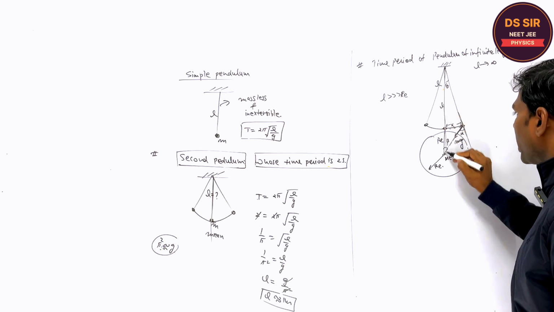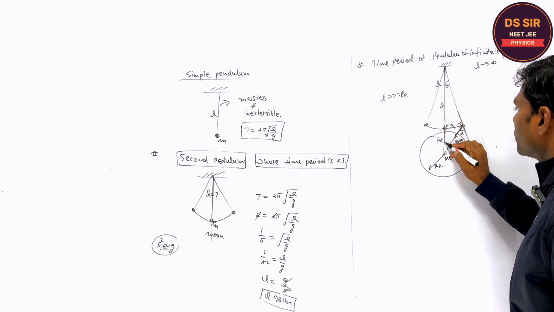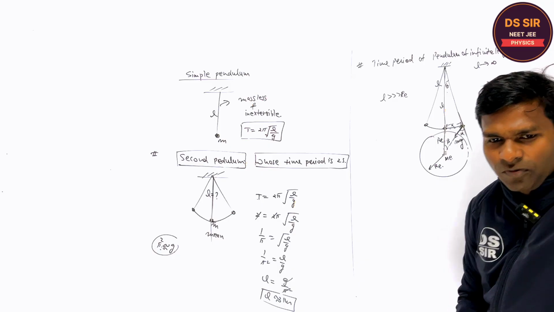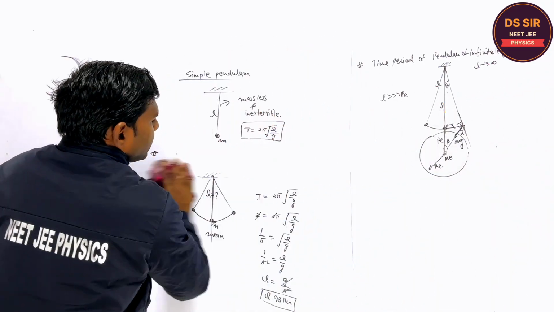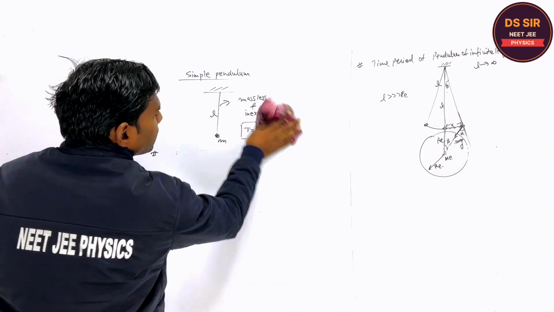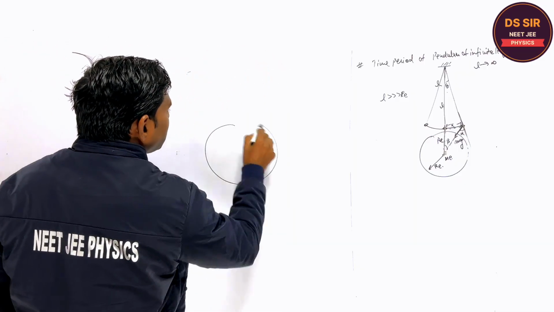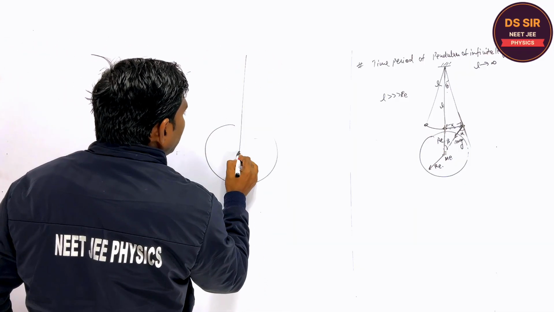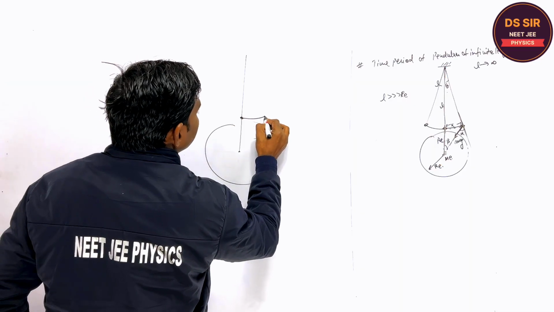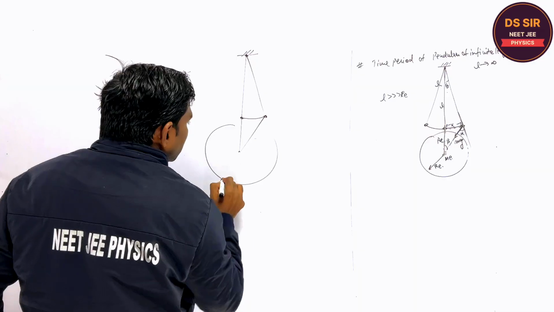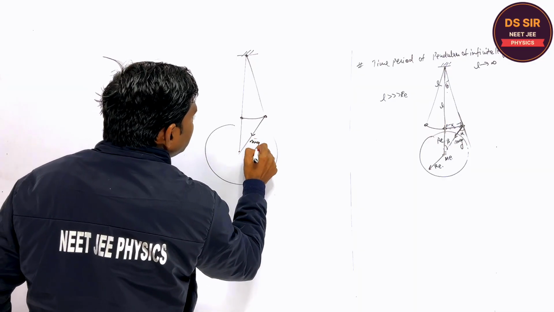This is the triangle, right? So this alpha and theta are not equal. First of all, you must understand. I'm making the figure once again. Suppose this is the earth, this is the simple pendulum, the small displacement is over here, this is the point of suspension, and this is mg.